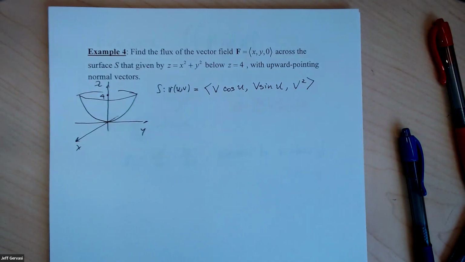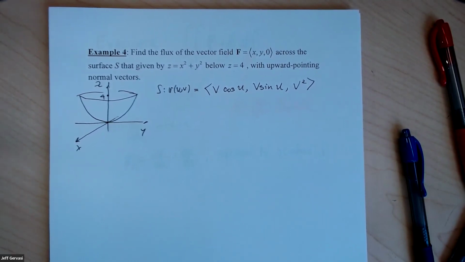Now make sure you verify that as well. I'm assuming that you've got an understanding of parametric surfaces, the ones that seem to occur most frequently. Those are going to be your spheres, cylinders, paraboloids, and cones.